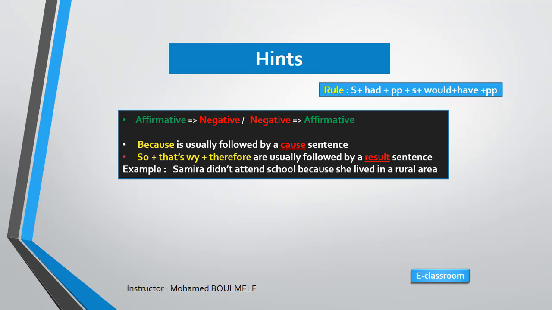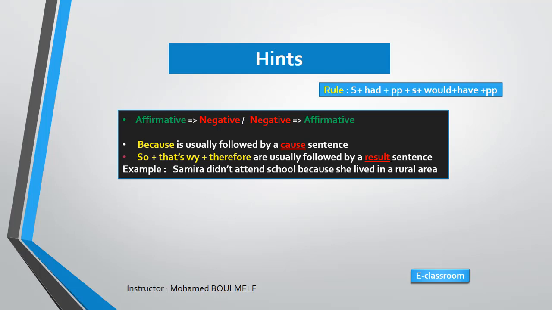And if you have "so", "that's why", "therefore", these are usually followed by a result sentence. It means the opposite. So we have an example here. Samira didn't attend school because she lived in a rural area.